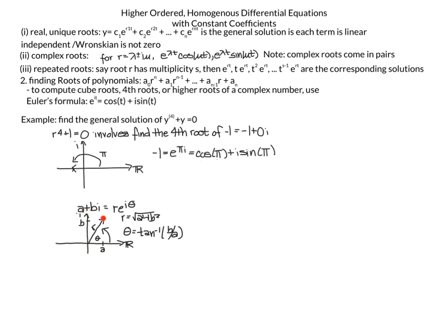Then your r is your radius of the vector (a, b), which is the square root of a squared plus b squared, and theta is the inverse tangent of b over a. So this is exactly what a plus bi is equal to in the complex plane.